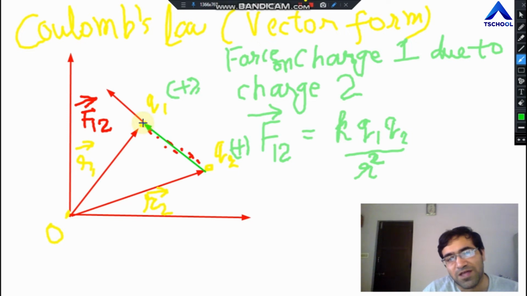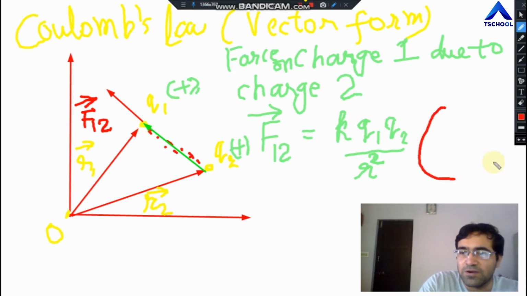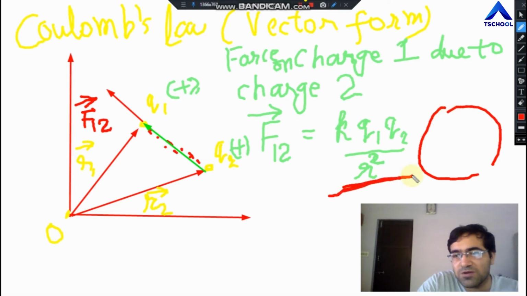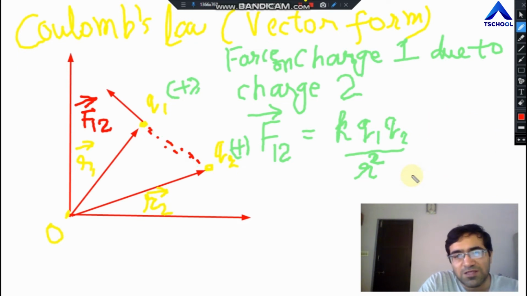I hope you noted that the green vector and the F12 vector are in the same direction. We have written the magnitude, but we don't know the direction, so when we want to write the direction, I can actually write the direction of that green vector.